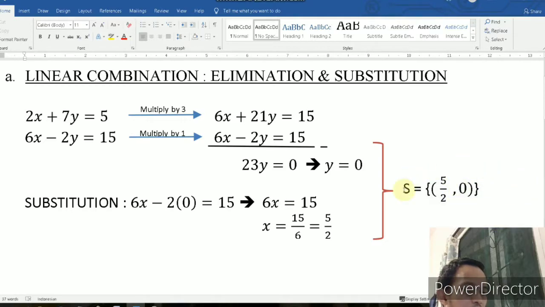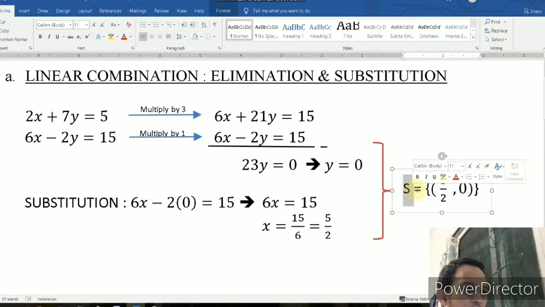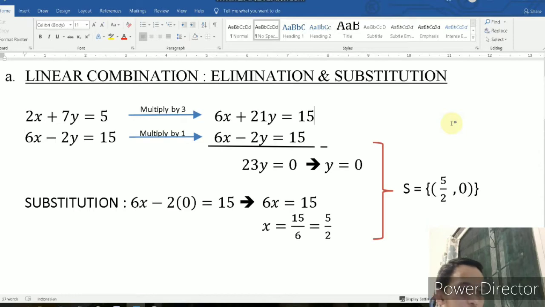Keep in mind that the solution form will be S equals, with all solutions in braces, and then in parentheses, since it is a coordinate, 5 over 2 comma 0. That is how you write the final answer.